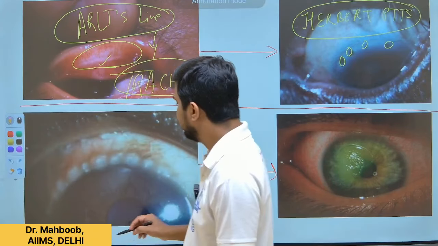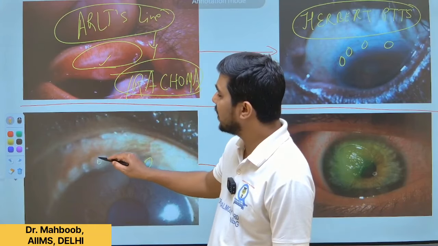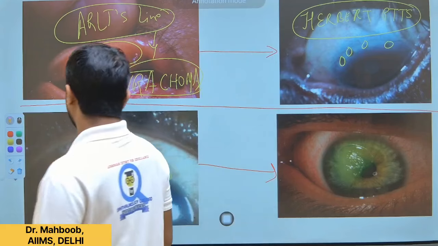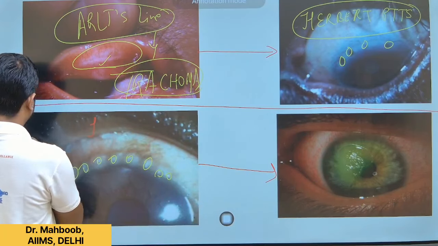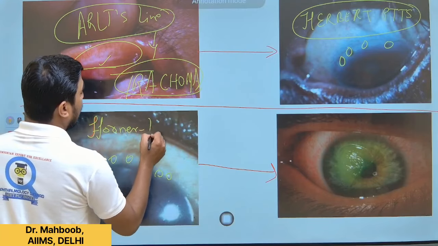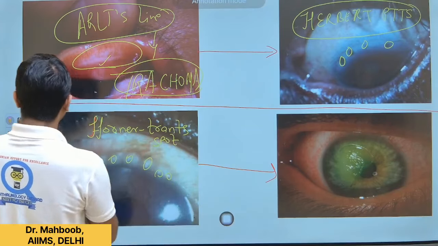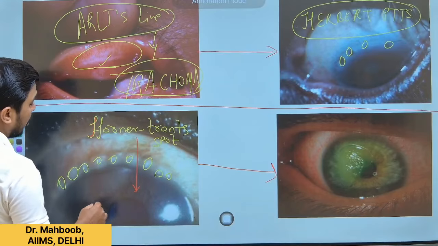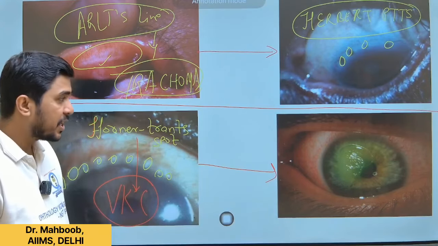Now you see here, there is a white raised nodular type of lesion at the limbus. What is this? This raised nodular type of lesion at the limbus is Horner Trantas spot, and this is seen where? VKC. VKC is vernal keratoconjunctivitis.